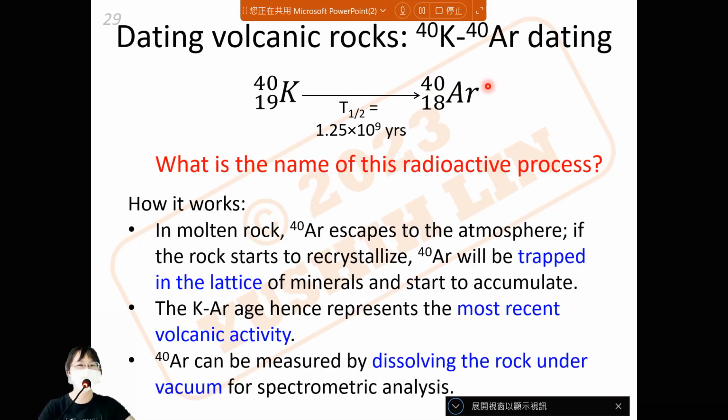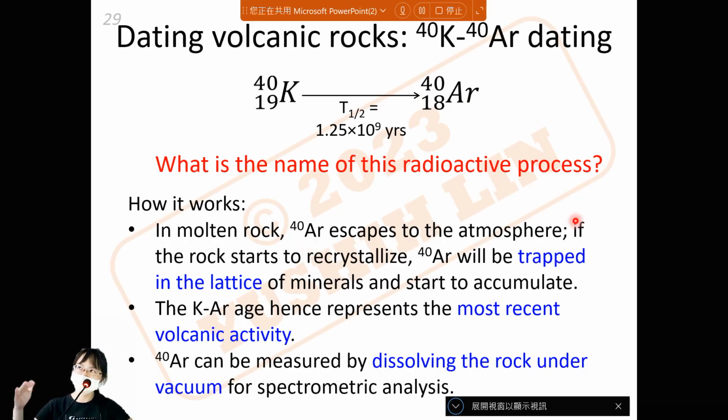Okay, how it works. In Taiwan, it's possible to do this, but it requires a very special instrument. In molten rock, which means when the rock is melted, argon-40 will escape to the atmosphere. So if it was ever produced by potassium-40 and locked in the crystal, when the rock is melted, argon-40 as a gas can escape to the atmosphere.